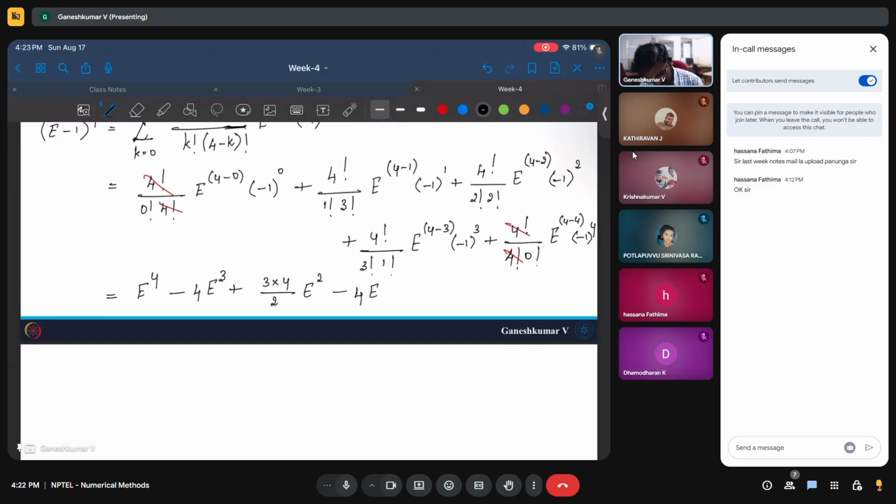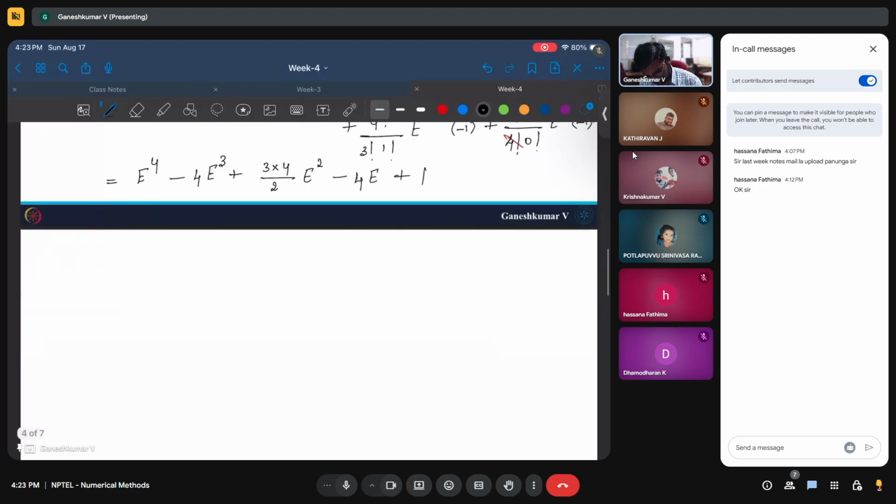So you can do this. (e − 1)^4 we can write as e^4 minus 4e^3 plus 6e^2 minus 4e plus 1.